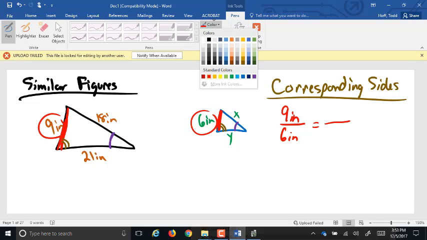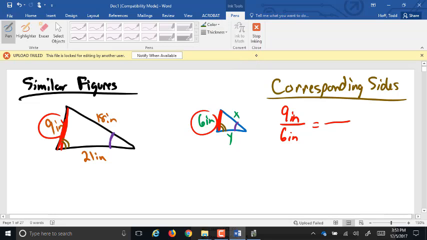Now I have to look for another set of corresponding sides. Let's say I want to find x here. First of all, going over to my proportion here, is x going to go on top or bottom in this second ratio? It's going to go on bottom.